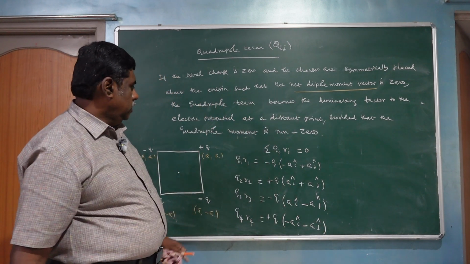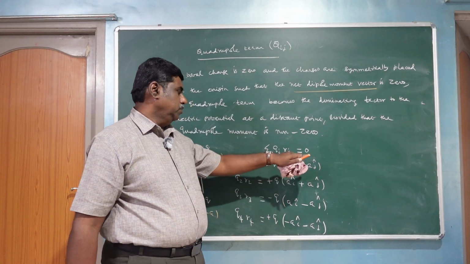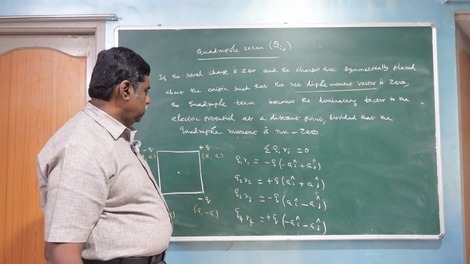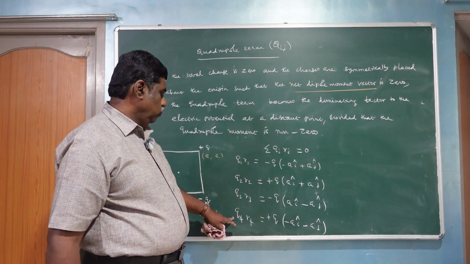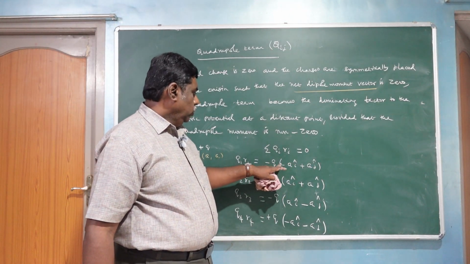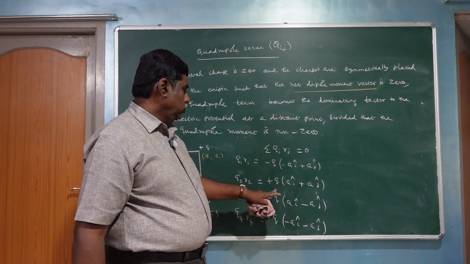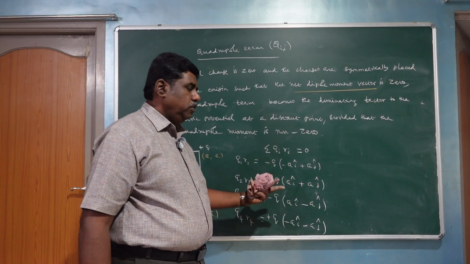We know that dipole moment is a vector, so that we have expressed X and Y in terms of I and J. Take the sum of all these things, Q1 R1 plus Q2 R2 plus Q3 R3 plus Q4 R4. If you make the sum of X coordinates, minus Q into minus A plus QA plus QA, then minus QA, 0.